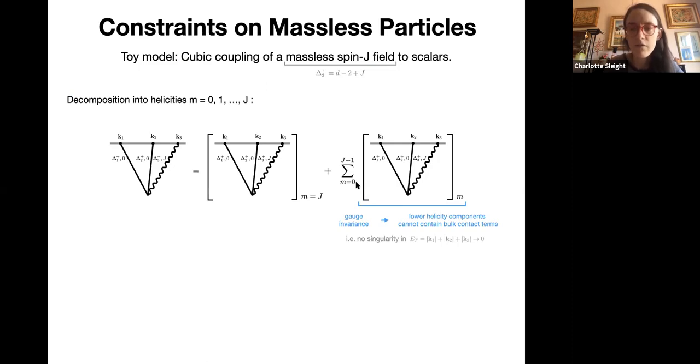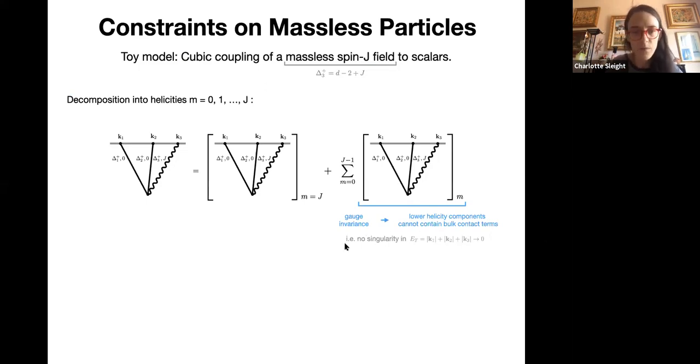So this means that they are at most boundary terms, and in particular, they shouldn't have a singularity in this total energy variable ET. Such a singularity is the characteristic of a contact term. For an exchange, you would also have a singularity in the left and right energies, and for a contact diagram, you would purely have a singularity in ET. And gauge invariance requires that in these lower helicity components, such singularities are absent.